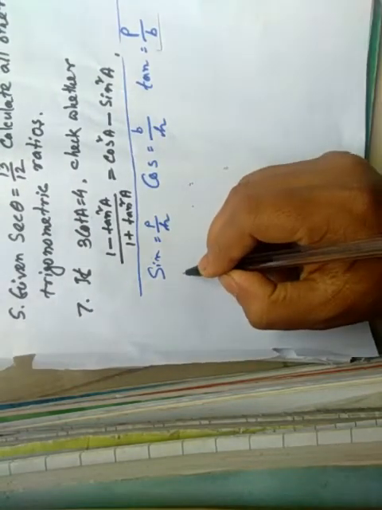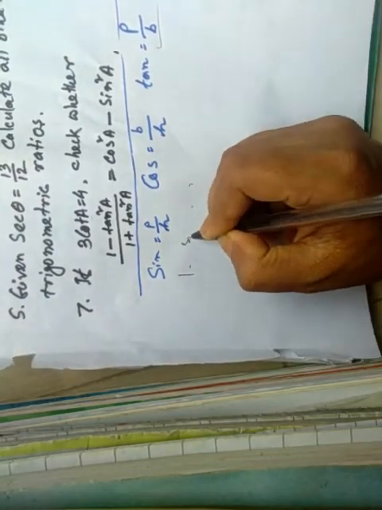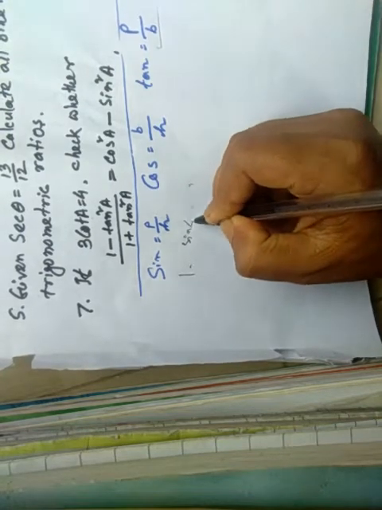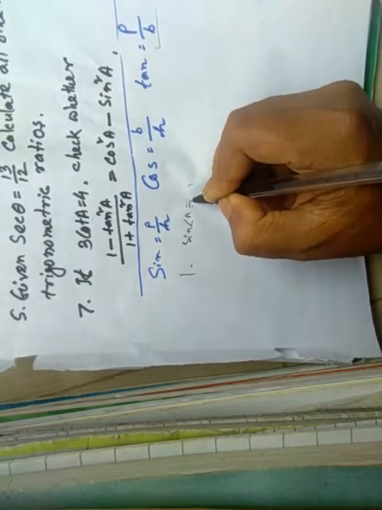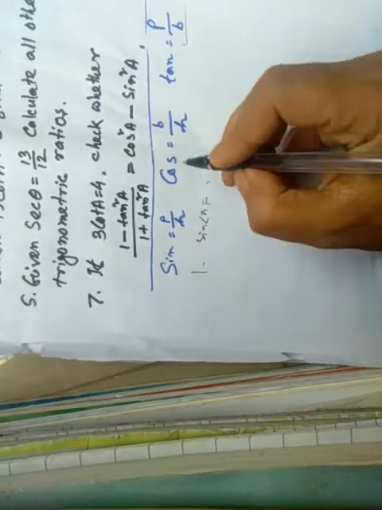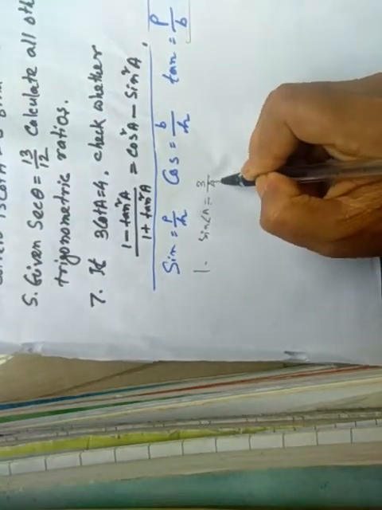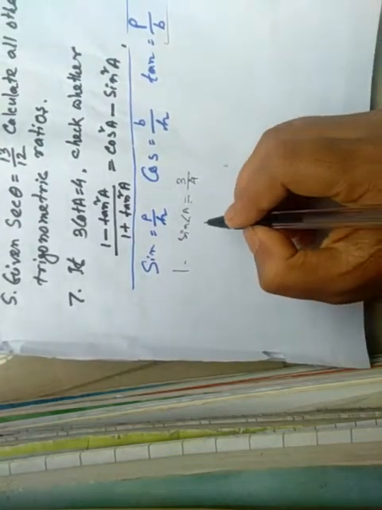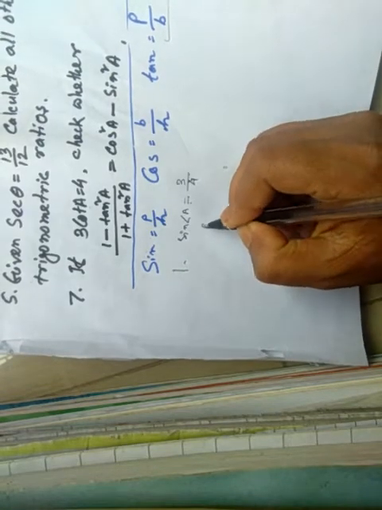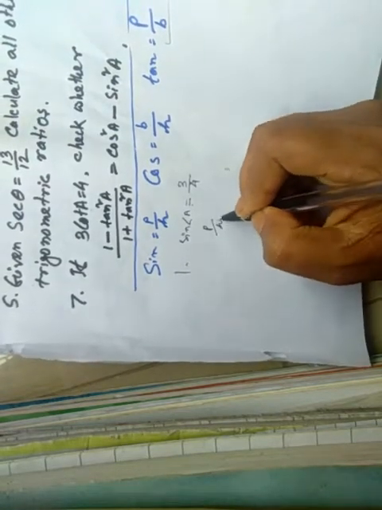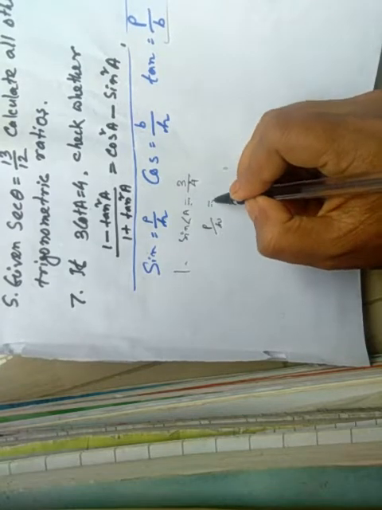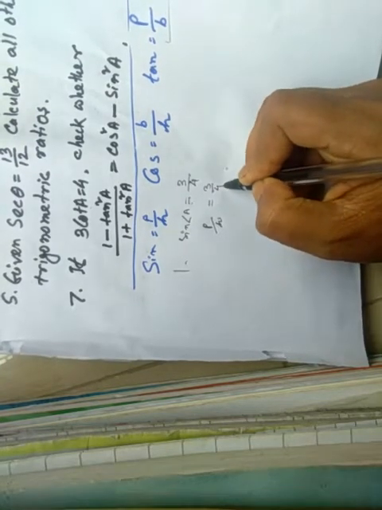In the question it is given that sin A equals 3/4. We know that sine is the ratio of perpendicular line and hypotenuse, so we can write p by h equals 3/4.